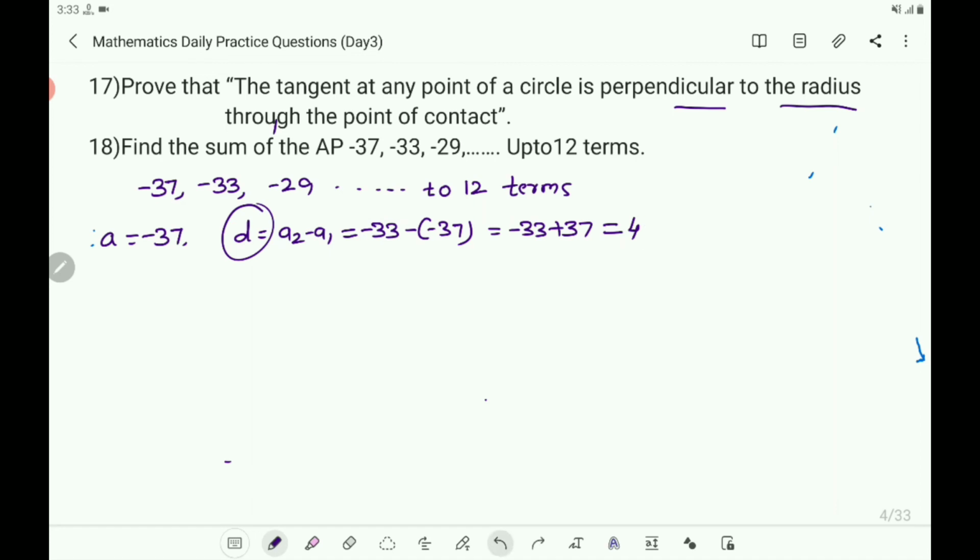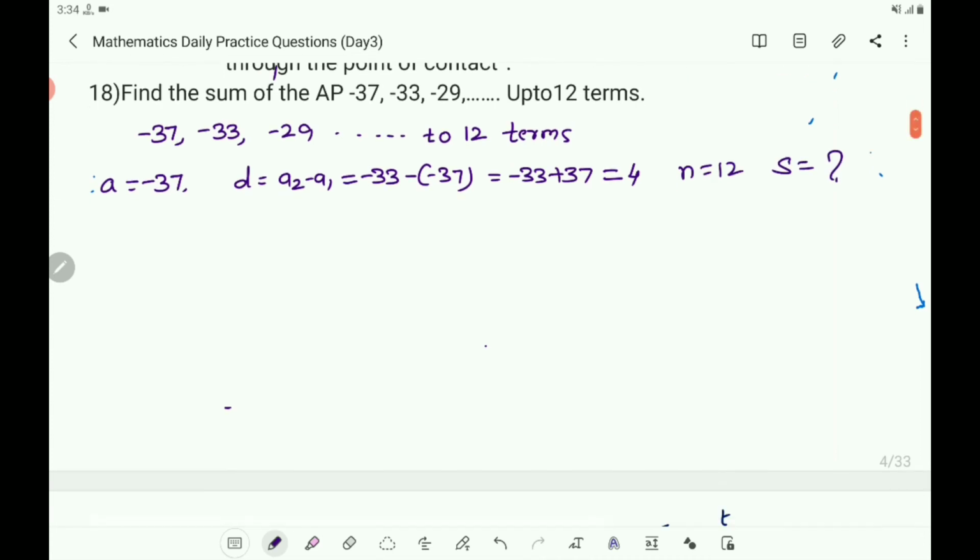Then N equals 12 and S equals question mark. Then you write the formula for S. S equals N by 2 into 2A plus N minus 1 into D. N is 12, so in the place of N you write 12.